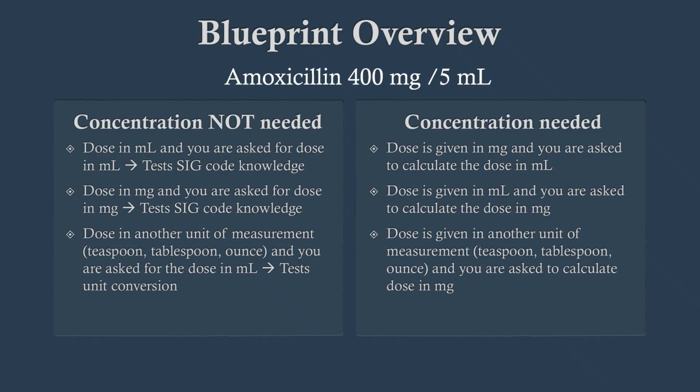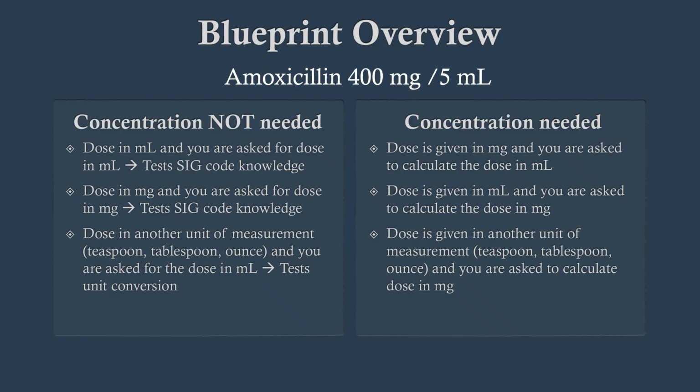And don't worry, if you're feeling confused right now, I'm going to give you an example for each scenario so it makes sense. Now, let's look at the right-hand side. When is the concentration needed? If the dose is given in milligram and you are asked to calculate the dose in ml, I'll show you through my example how to do that.